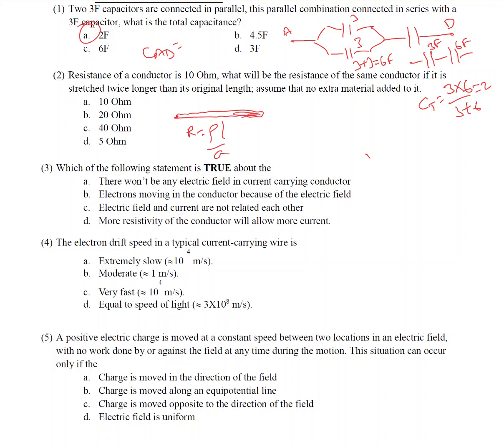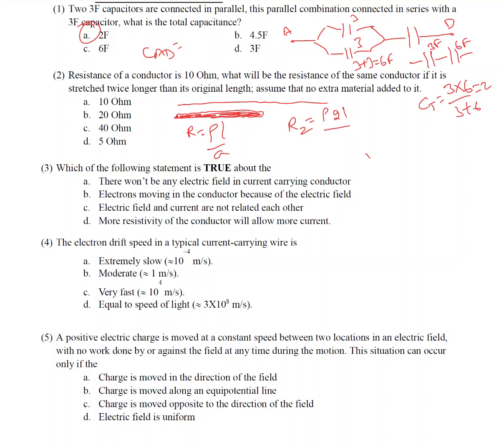Let me draw. This is the conductor, and now I stretch it to double the length. Let me take this as R2. The material is the same, it's not going to change, so the length becomes 2L.